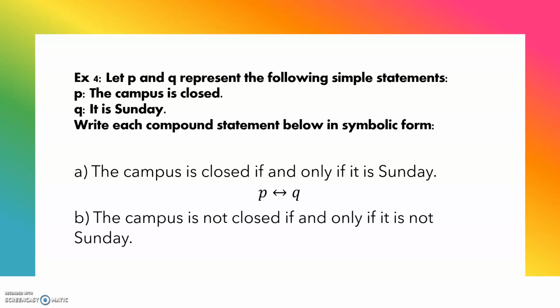Here's the second one. The campus is not closed if and only if it is not Sunday. So the campus is not closed is the opposite of P. So that would be not P. We're using if and only if to connect the two statements. So that's going to be double arrow. And then it is not Sunday is the opposite of Q. So that would be not Q. So not P, if and only if, not Q is how we will write that in symbols right here.